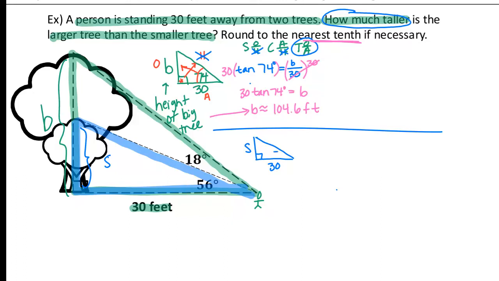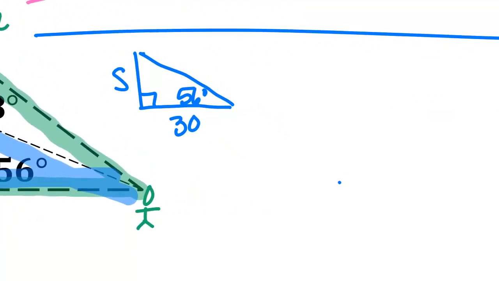Good. So put 56 degrees right here. And S is going to be the height of the smaller tree, sorry. Height of the small tree. That's what S stands for. Okay?